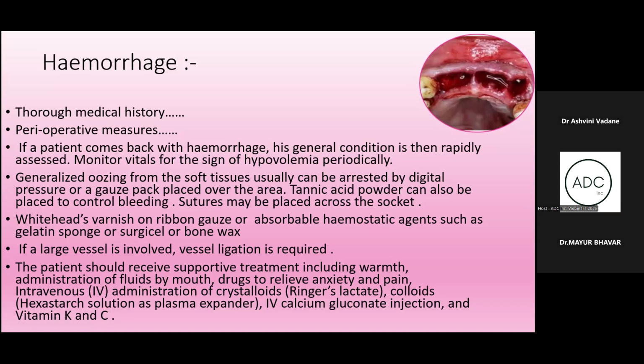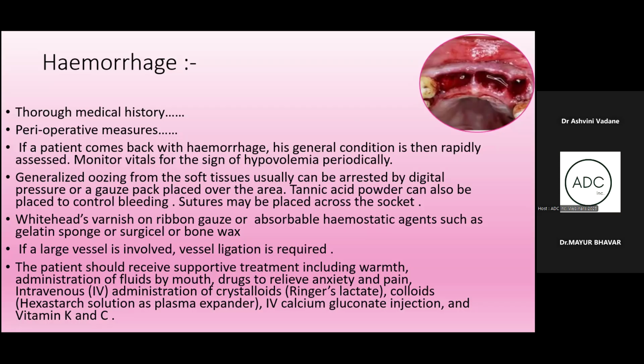Then if the patient comes back with hemorrhage, his general condition is rapidly assessed. First of all, we have to monitor the vital signs to see if hypovolemia is present, because if there is major blood loss, there is the possibility of hypovolemia.